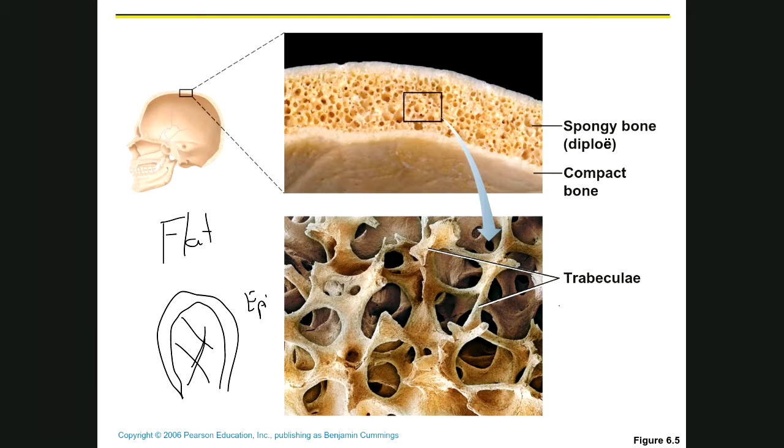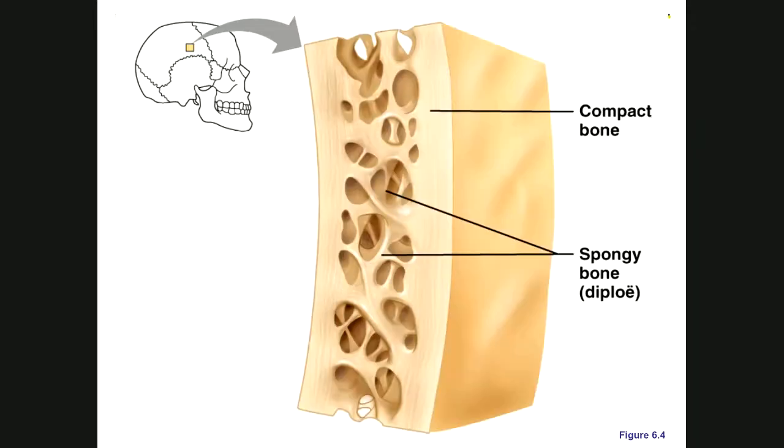That's what we have here, a little layer of dense bone and then spongy bone in here. And so just like with the long bone, we have a periosteum out here, 2 layers, and an endosteum in here, 1 layer. It's the same here. There's a periosteum and an endosteum. Anybody else have a question?